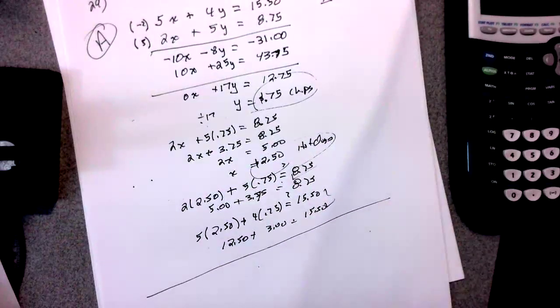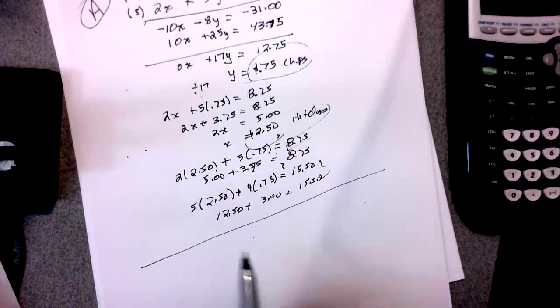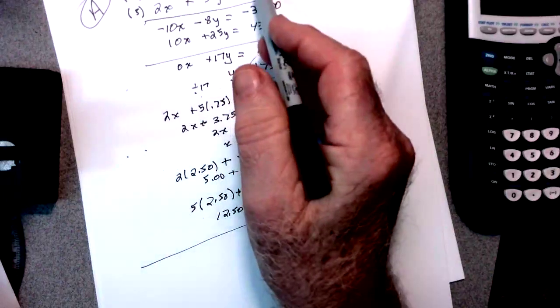And I want to think about a graphical approach to work this problem. So now bear with me. I'm going to take the original equations and I'm going to slightly rewrite them.